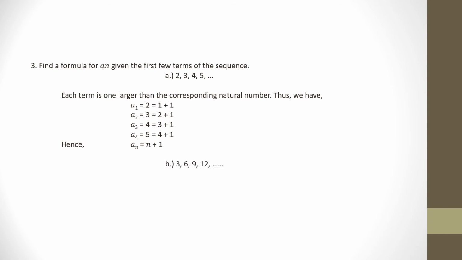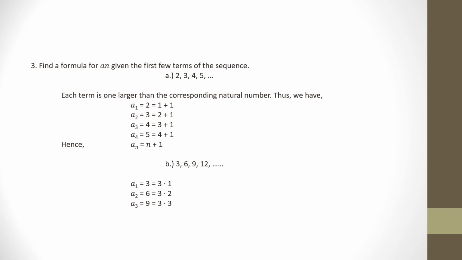So, letter B naman. So, 3, 6, 9, 12. So, ano yung makikita mo dyan? All of them are multiples of 3. Okay? So, a sub 1 is equal to 3 is equal to 3 times 1. And then, a sub 2 is equal to 6 is equal to 3 times 2.